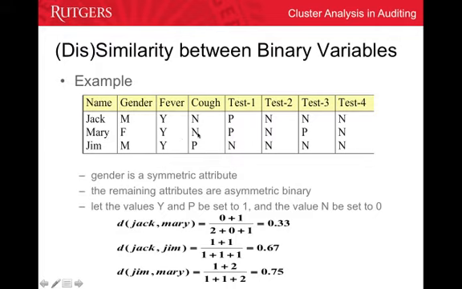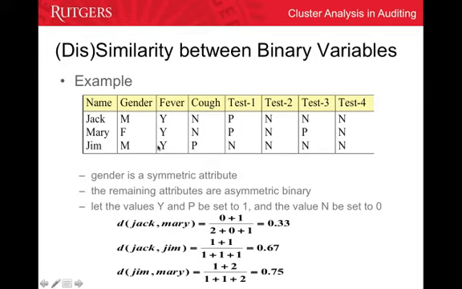And then we look at Jim and Mary to see their difference too. There are three attributes that are different for Mary and Jim, while only one has 1 in both of these two data objects.